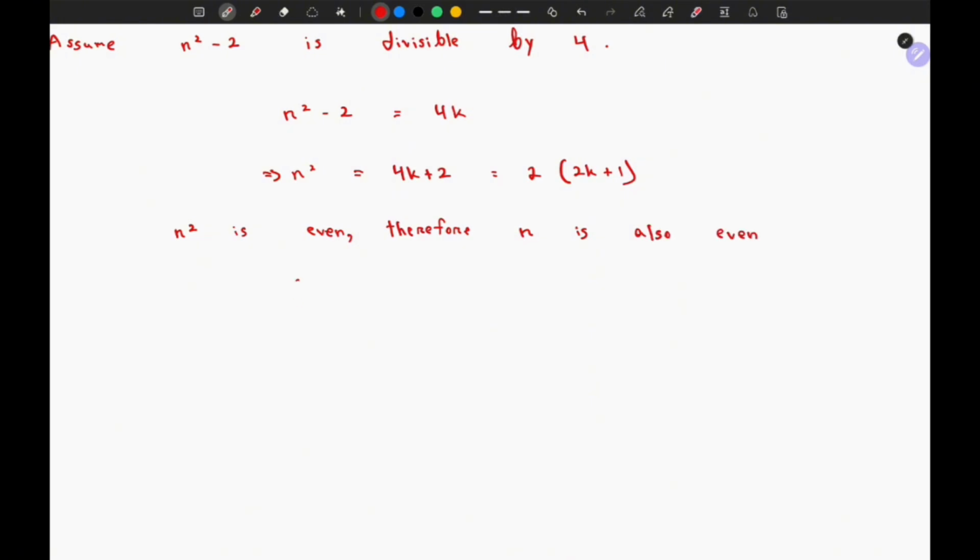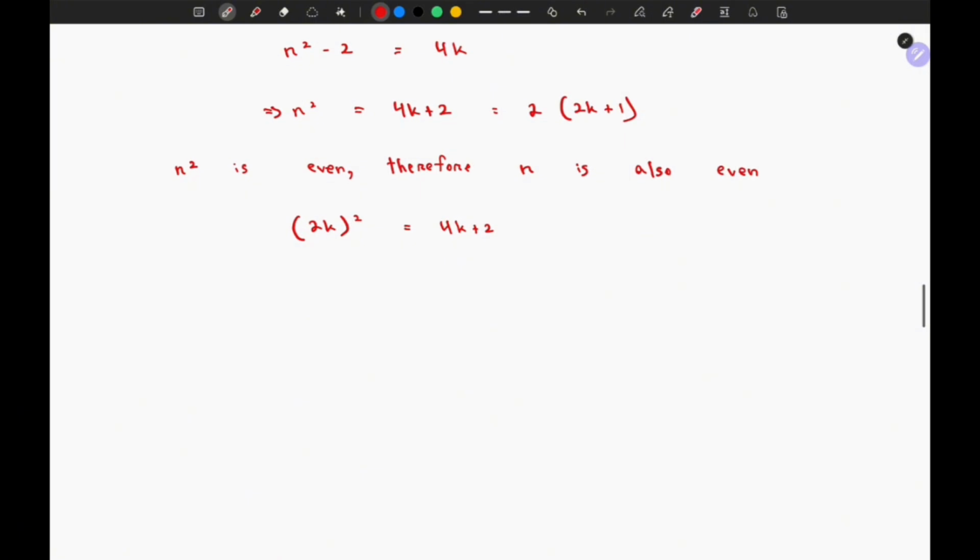So we can write n squared as (2k) whole squared equals 4k plus 2. Or we can just say that since n is even, n squared minus 2 will be equal to (2k) whole squared minus 2.